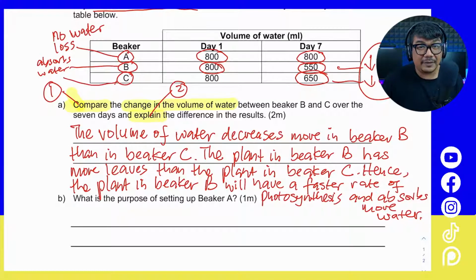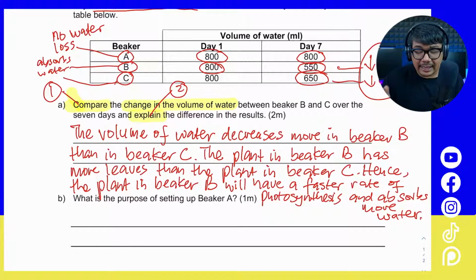Okay, all right, so that's the reason why the water level in beaker B decreases a lot more.